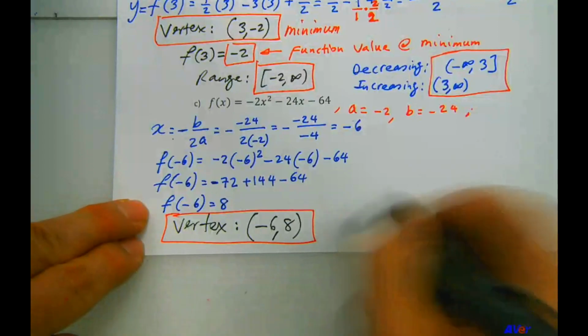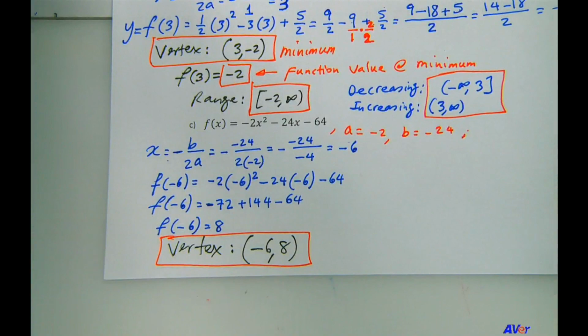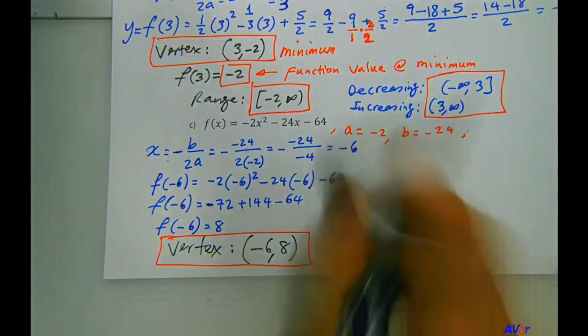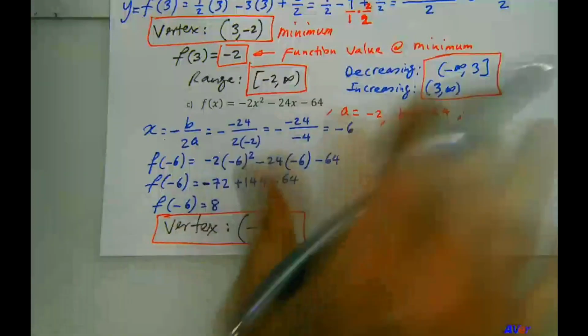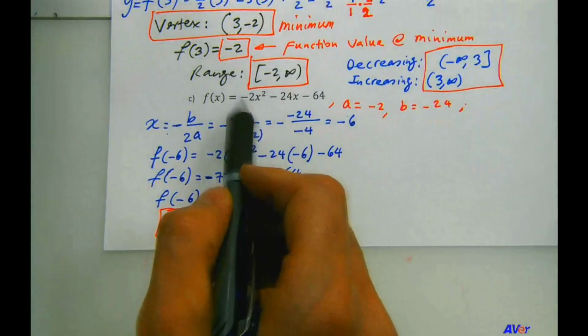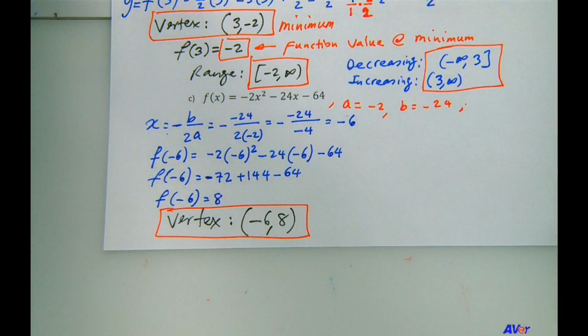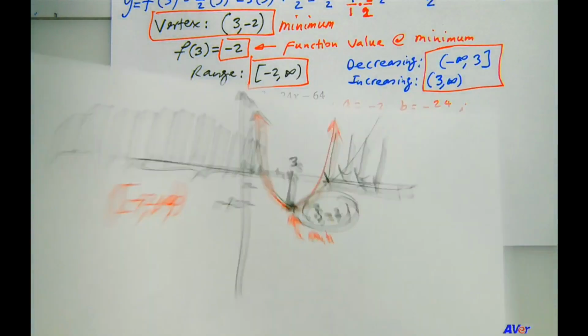Then let's answer the other questions. The first of which is: is this vertex a point of minimum or maximum? Well, take a look at the coefficient of the quadratic term here, the minus 2. It's a negative, right? Because it's a negative number, the graph must be opening upside down.